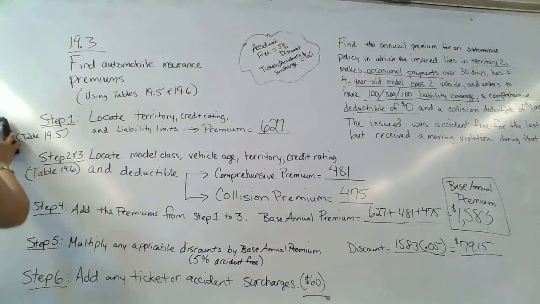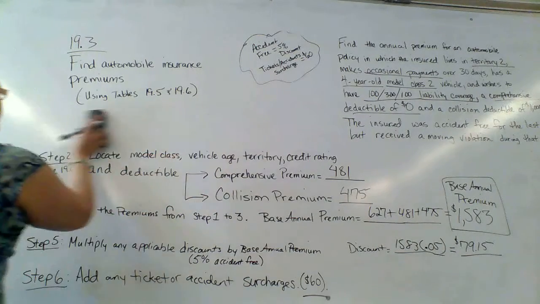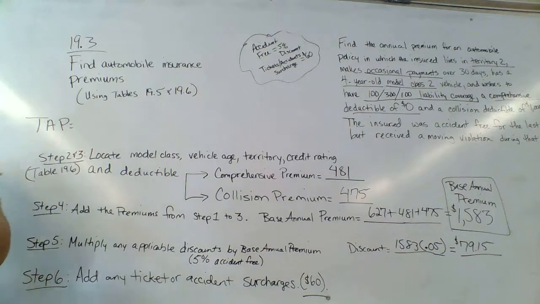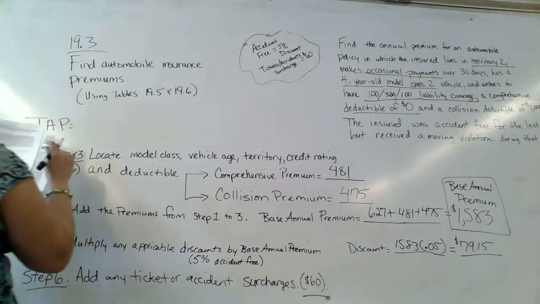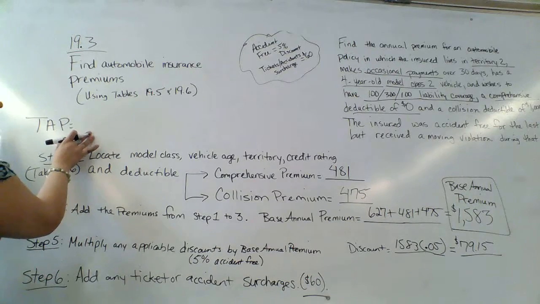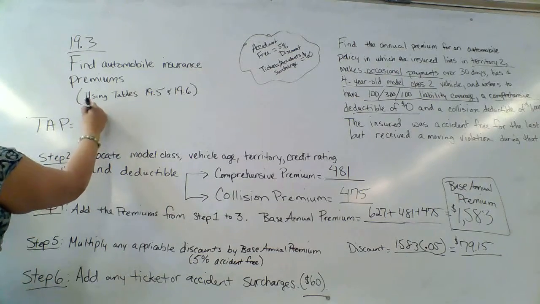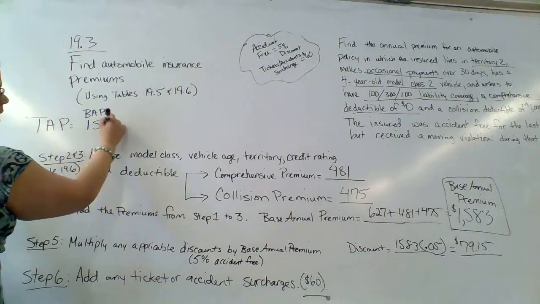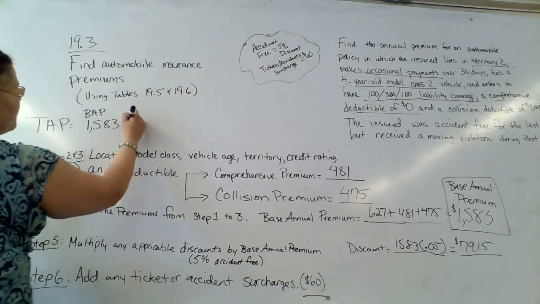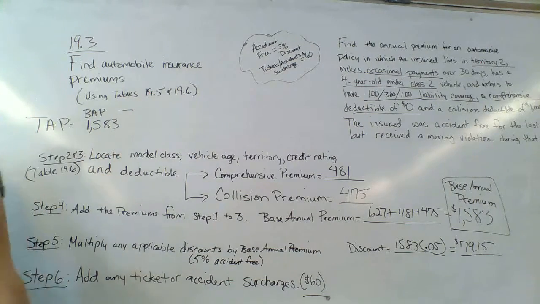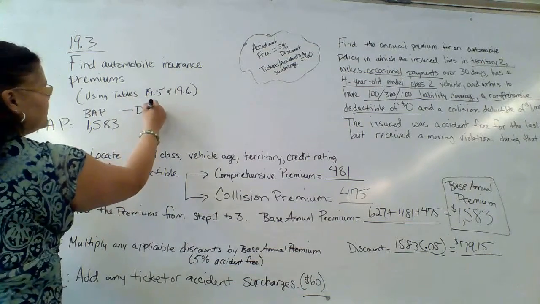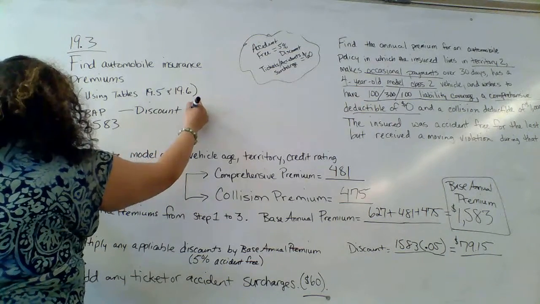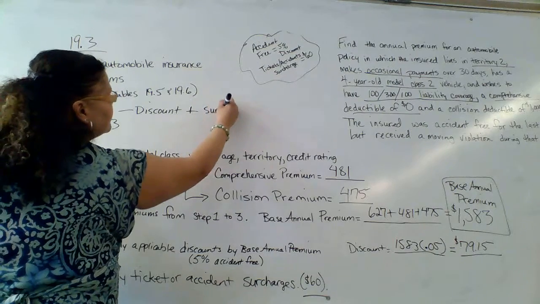So now that we have all the steps, your total annual premium is equal to those three charges. So we have the base annual premium, which is $1,583. And from that, we're going to subtract your discount. And then we're going to add any surcharge.